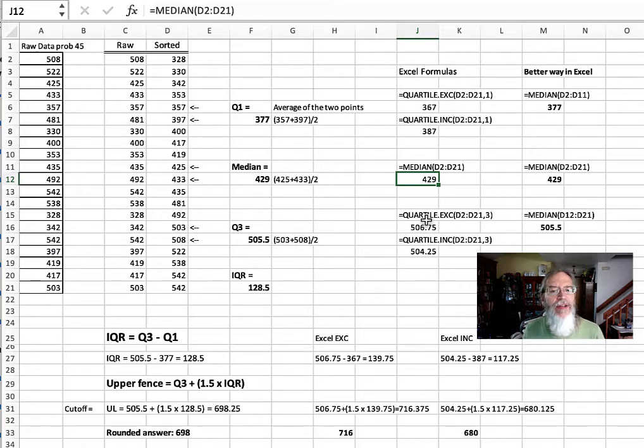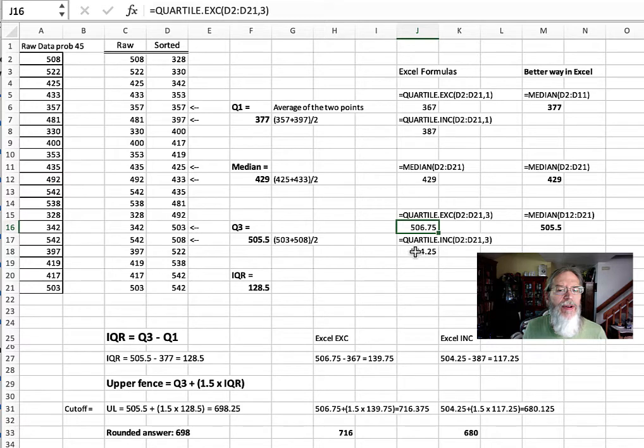Likewise, on the high end, I get a couple of numbers by doing quartile here. And again, I put in the 3 to say it's the third quartile. Okay, so we can go ahead and calculate the IQR.